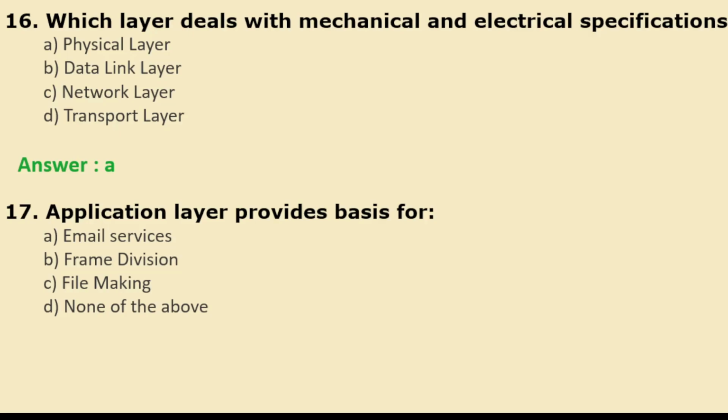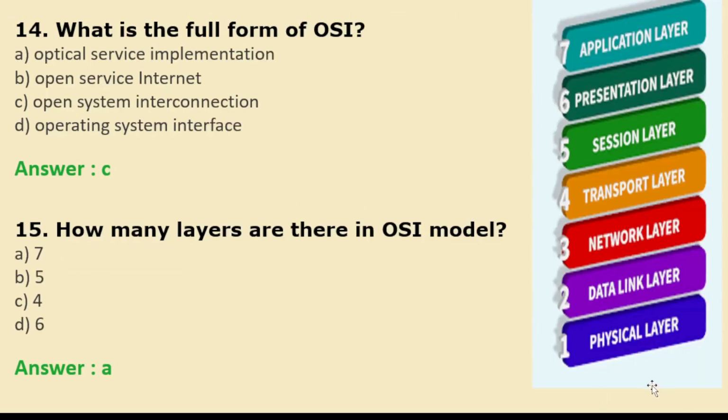Question number 17. Application layer provides basis for A. Email services, B. Frame division, C. File making, D. None of the above. Correct answer is A. Email services. As you can see in our previous question, physical layer is the lowest layer and application layer is the highest layer.